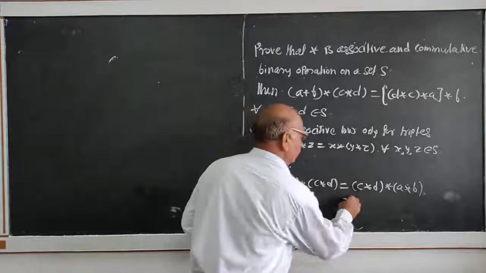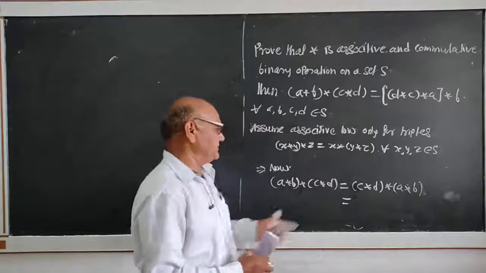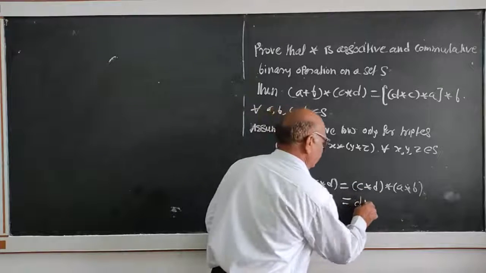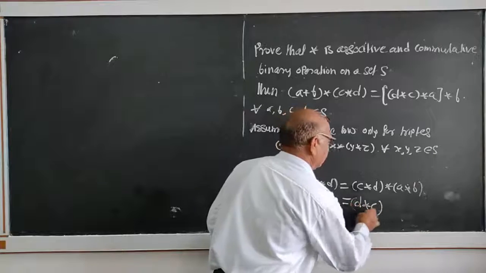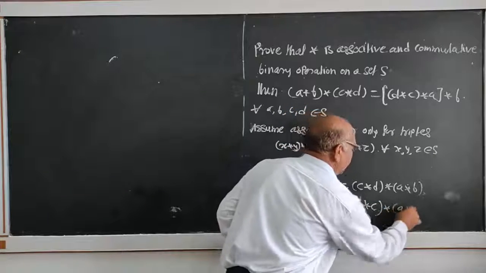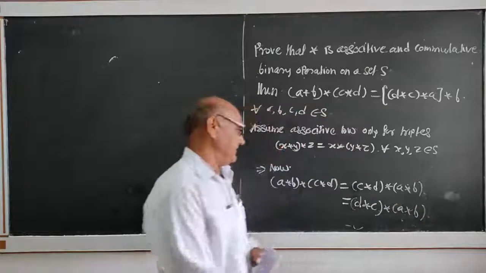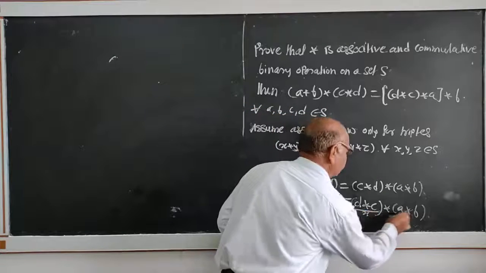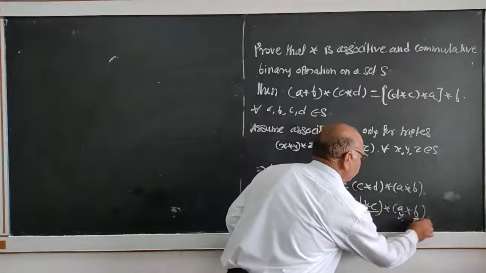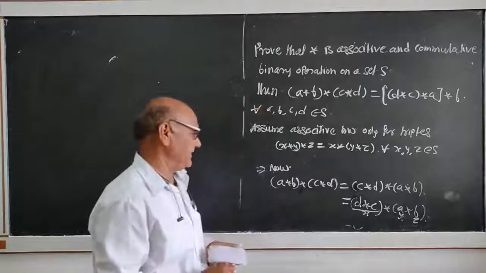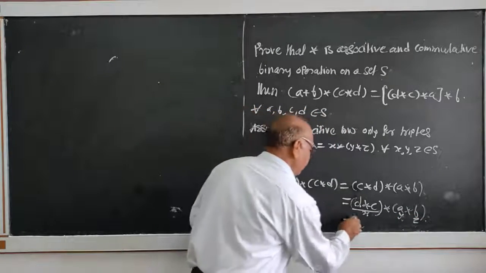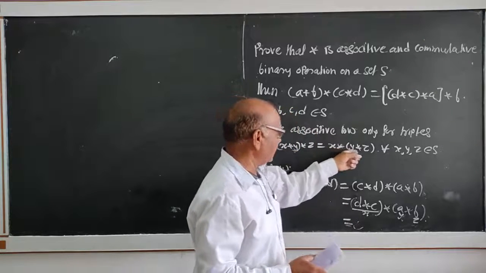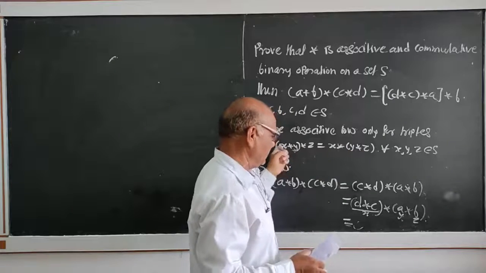Again here, again use commutative, (D star C) star (A star B). Suppose here if we take X, this is Y and Z. Then this can use X star (Y star Z) is equal to this.